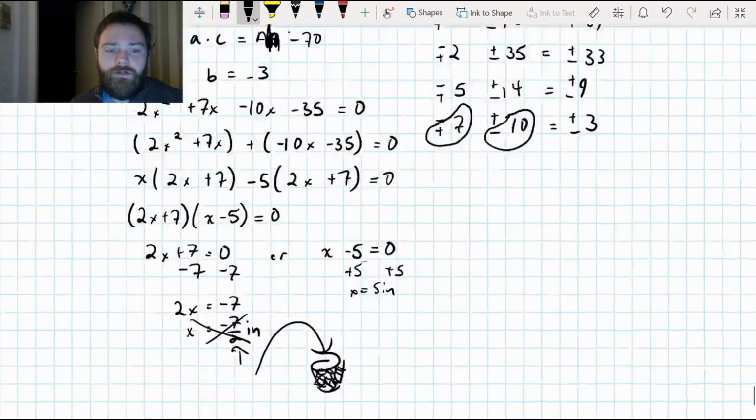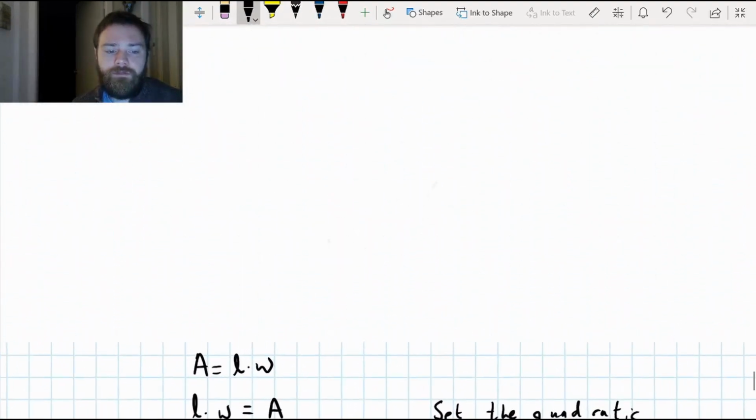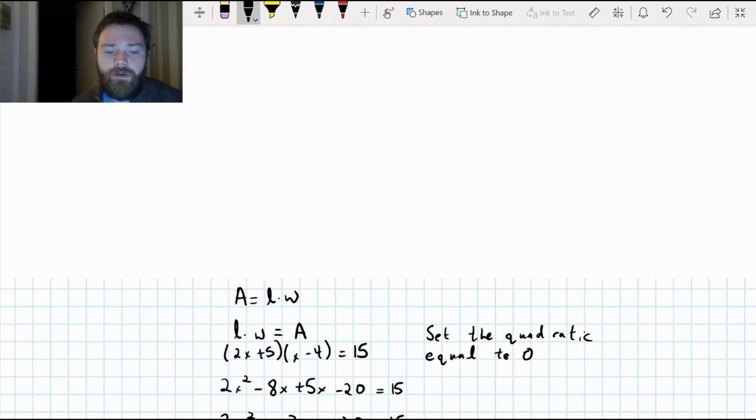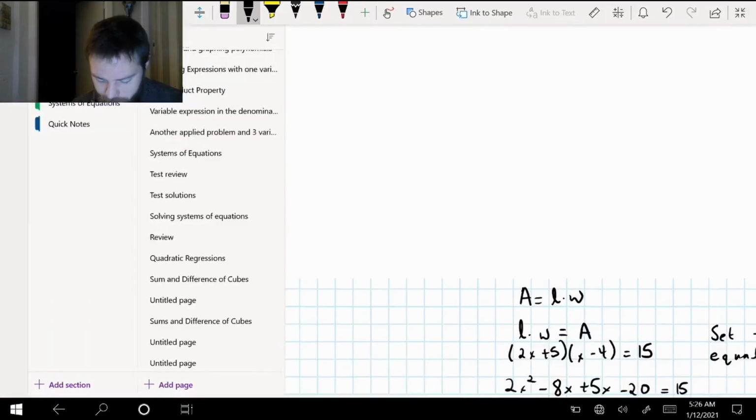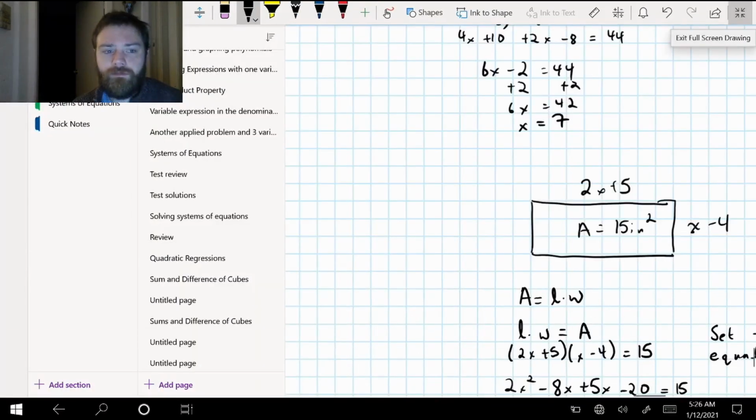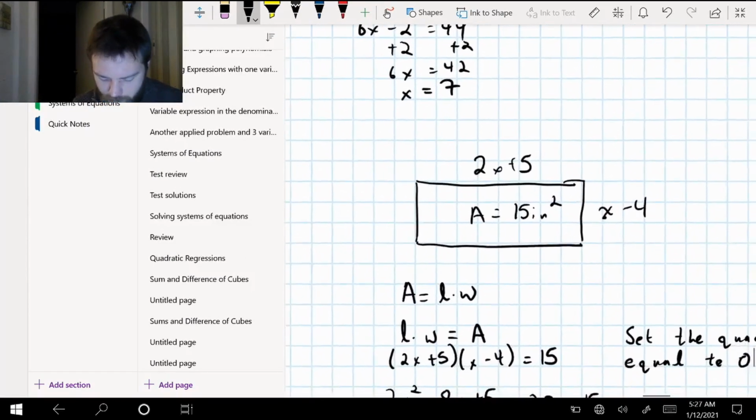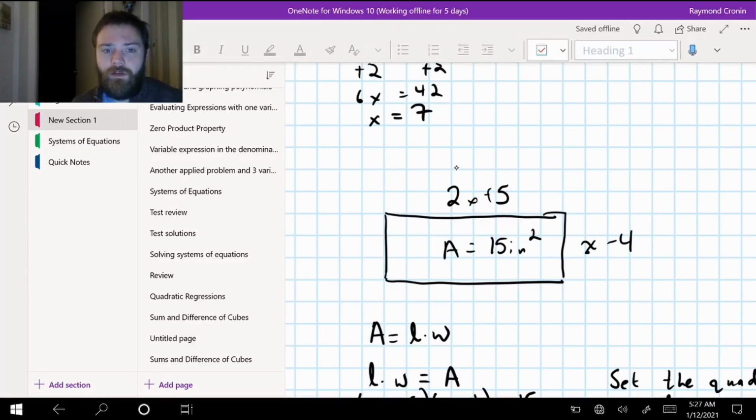Then we're going to take this 5 inches and plug it back into our equation to find the side lengths. Over here, 2x plus 5, if I plug in 5, 2 times 5 plus 5 is going to be 15.